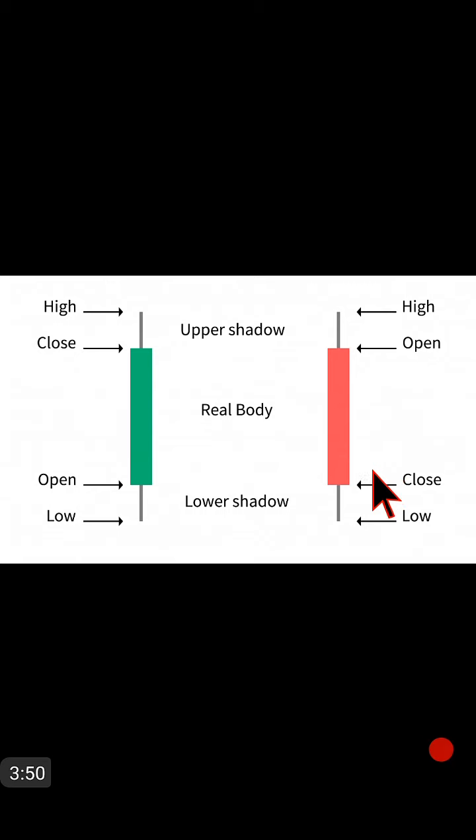Now coming to the bearish candle, like I told you, for the bullish one it starts from the bottom and goes to the top. Here it starts from the top because it's a bearish candle, it's going down. So this is what happens. There must have been a bullish movement here, and then the bearish power overcame it and began to show an open here.